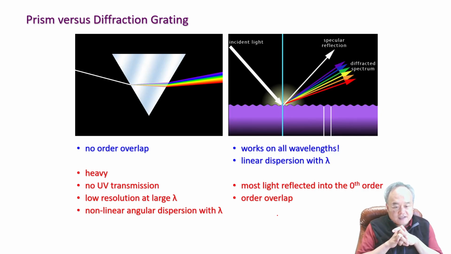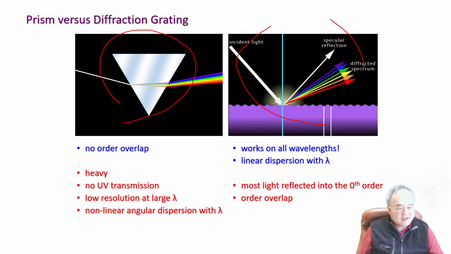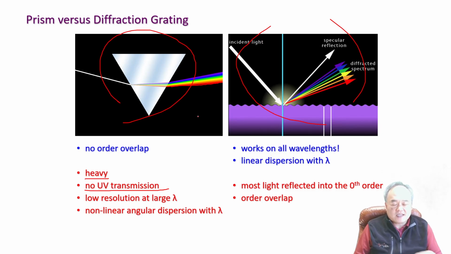Before that, let's wrap up today's video. Think about the advantages and disadvantages of the very simple designs of prism versus grating. For the prism, we already talked about the disadvantages. It is heavy, has no UV transmission, has low dispersion at long wavelengths, and the dispersion relationship is not linear.